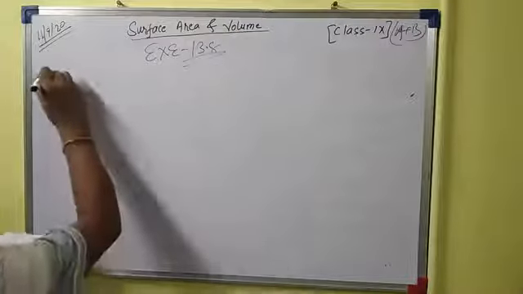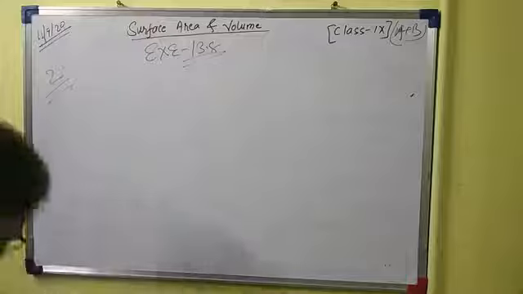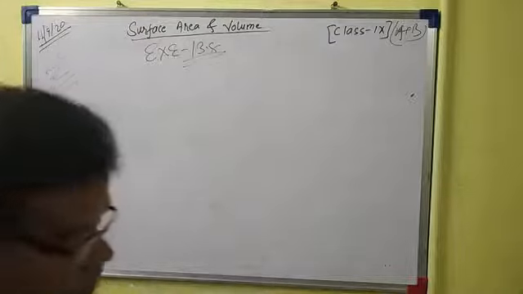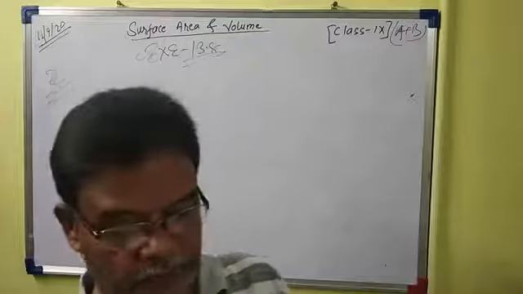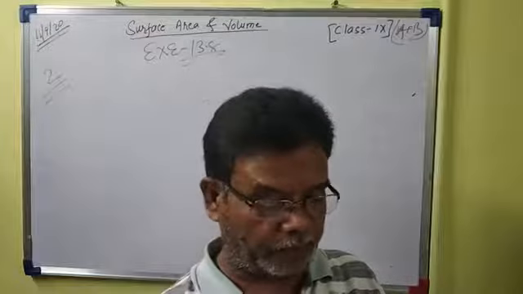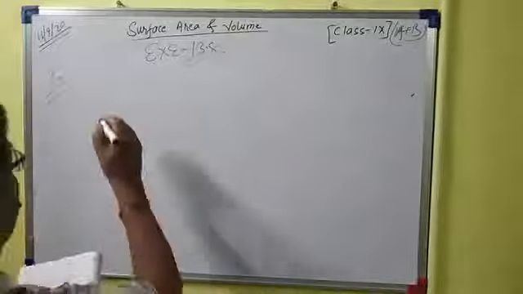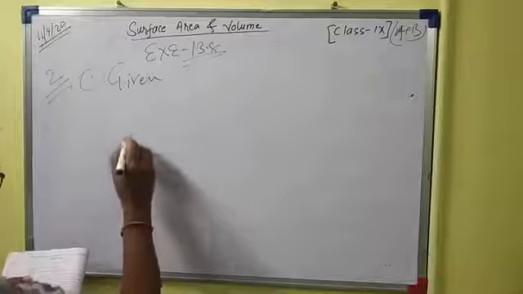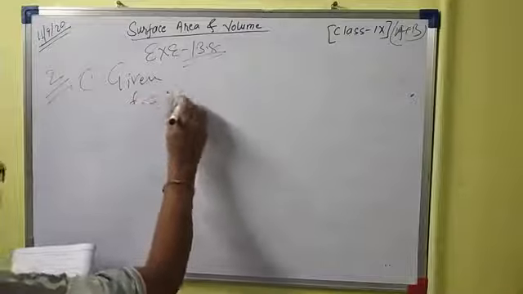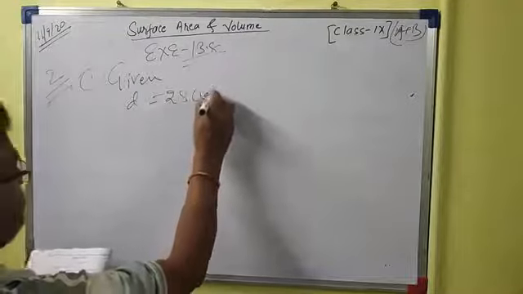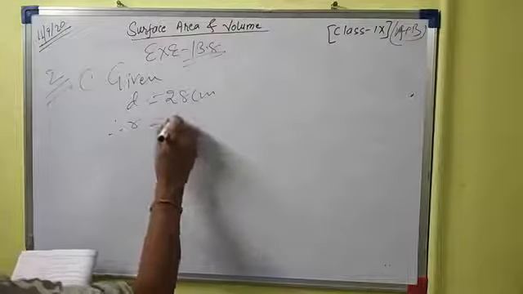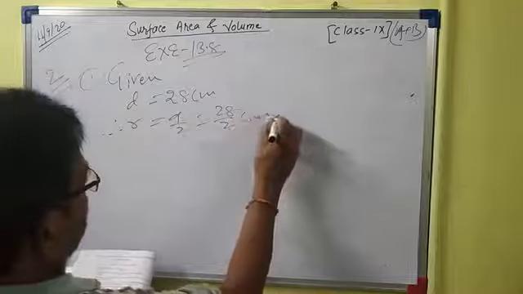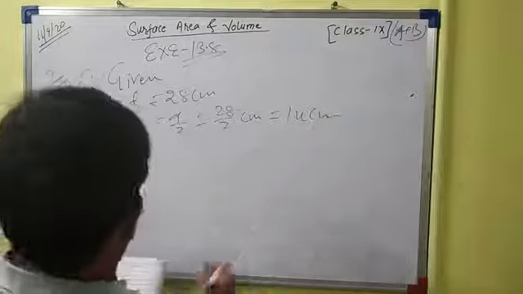Question number 2. Find the amount of water displaced by a solid spherical ball of diameter 28 cm. First, given d equal to 28 cm, r is equal to d by 2, 28 by 2 cm equal to 14 cm.